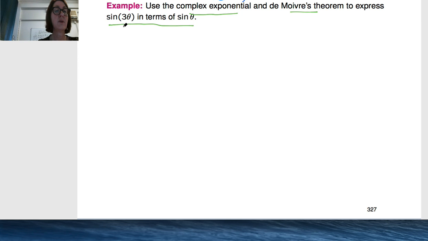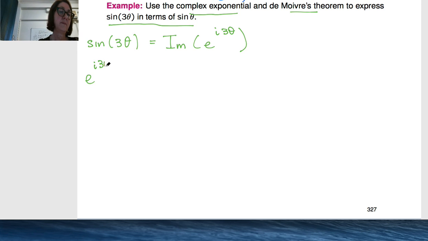So in terms of our real and imaginary parts, sine 3 theta is equal to the imaginary part of e to the i 3 theta. But e to the i 3 theta is just equal to e to the i theta cubed. I know that because that's the result from De Moivre's theorem.